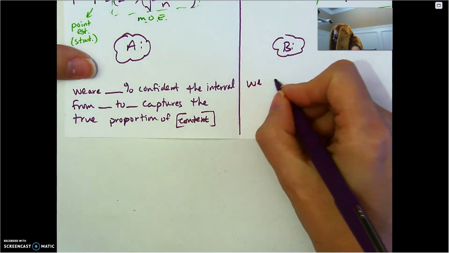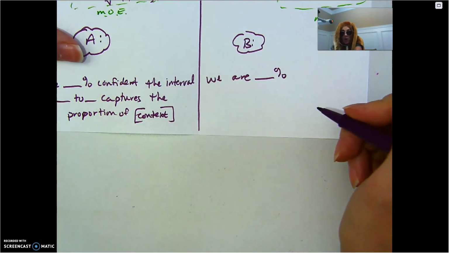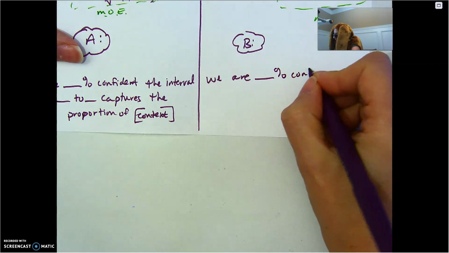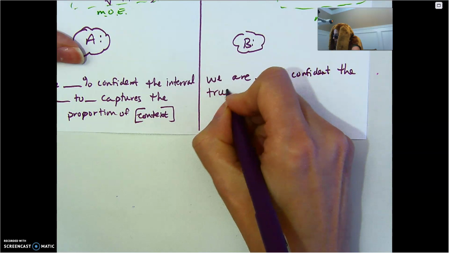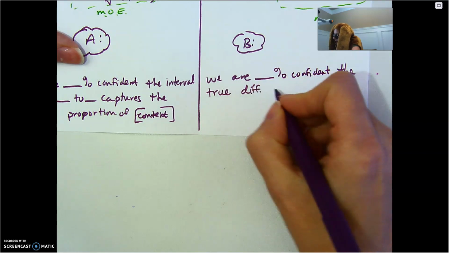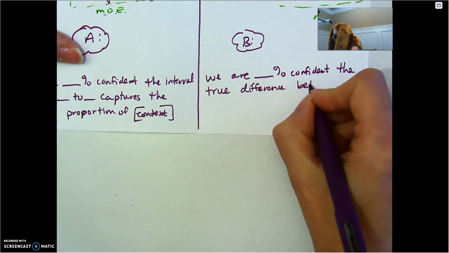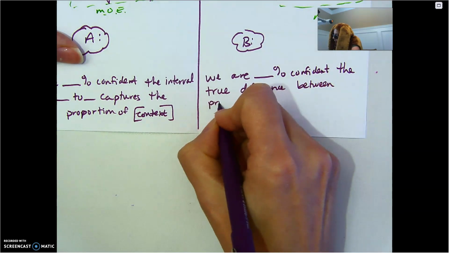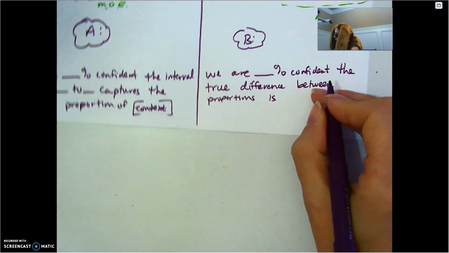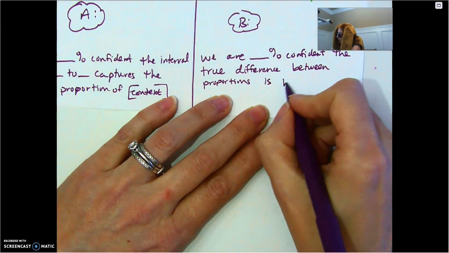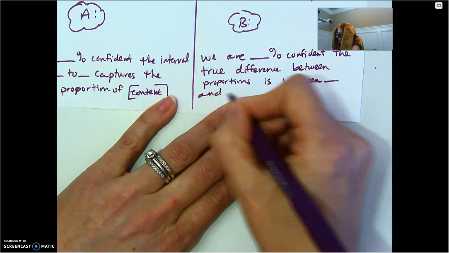All right, so your sentence over here, almost the same thing. We are blank % confident. The true difference between proportions is between blank and blank.